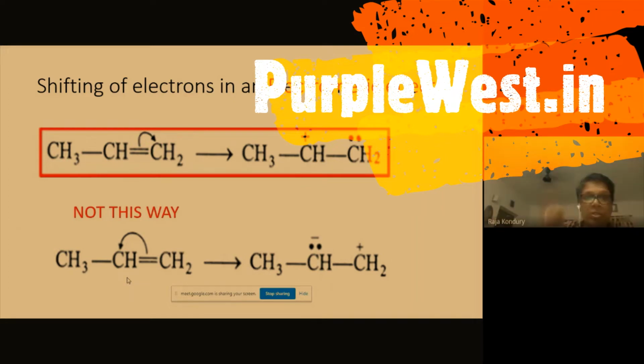All right. I want you to make one correction in the structure given in the first box on the right side, which is bracketed in red color.